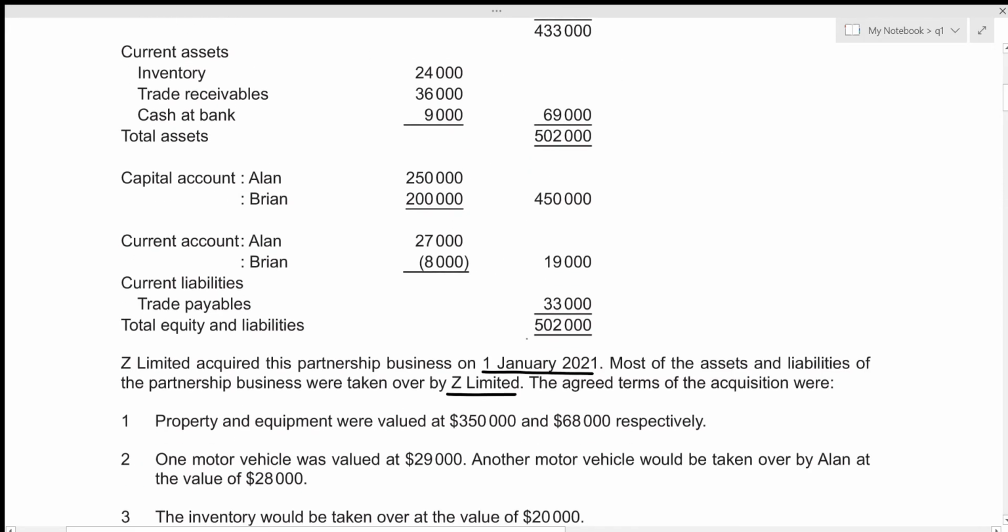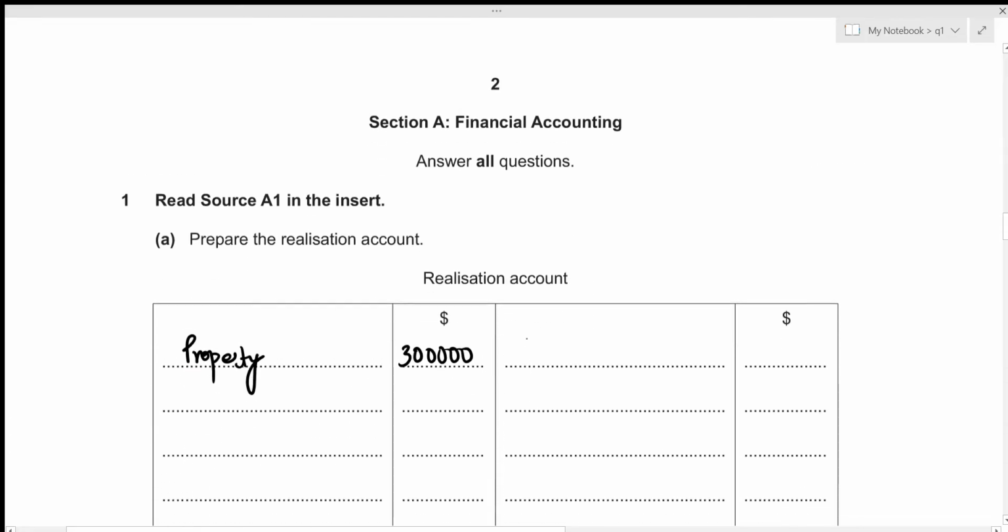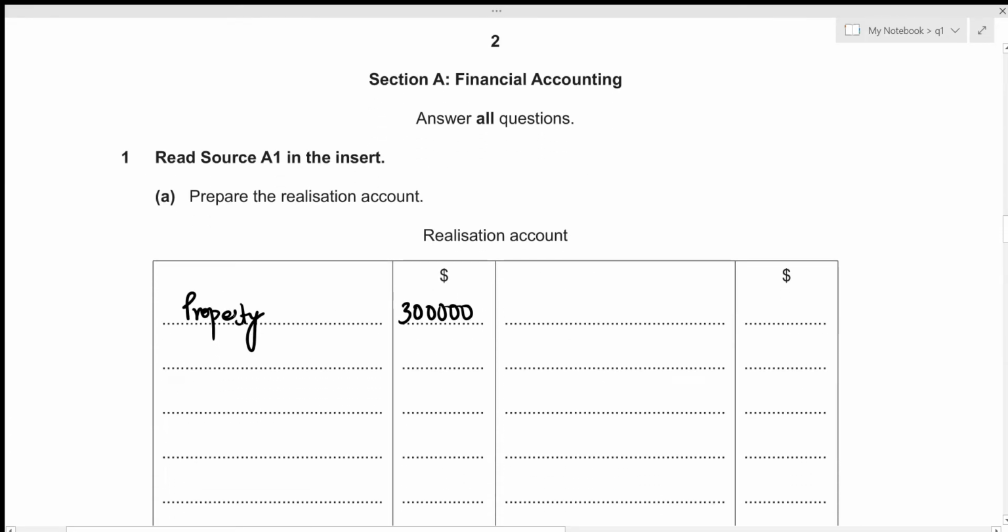Let's record these two as well. And these will go on the debit side since this is the original value, right? So we had the equipment with the value 71,000 and motor vehicles with the value of 62,000.